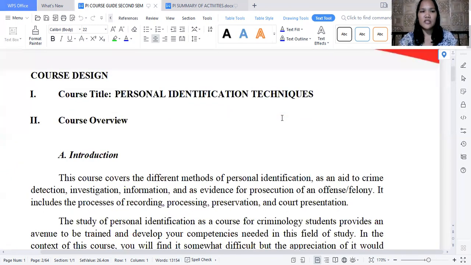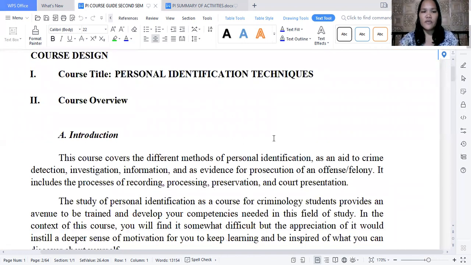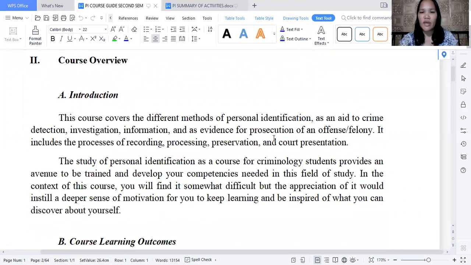Along with this, for the course design, you can see the title. And of course, for the course overview, this course covers the different methods of personal identification as an aid to crime detection, investigation, information, and as evidence for prosecution of an offense or felony. It includes the processes of recording, processing, preservation, and court presentation.